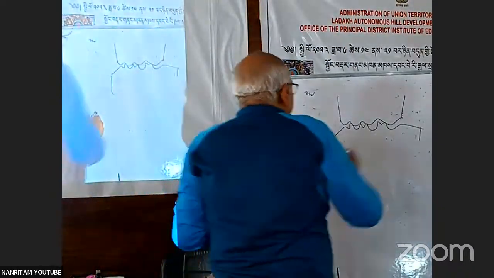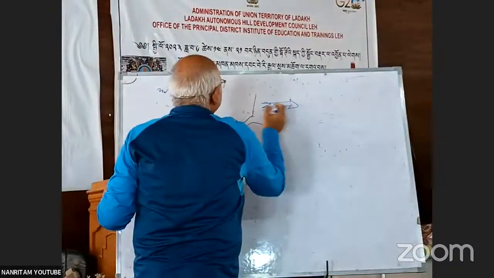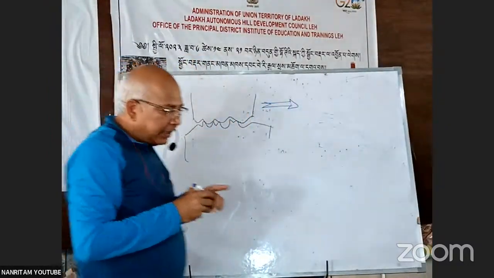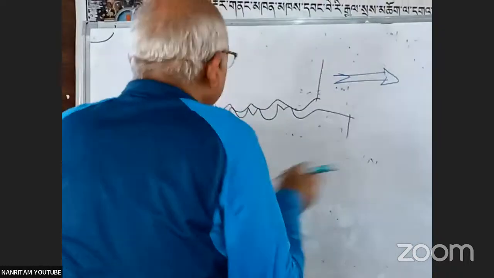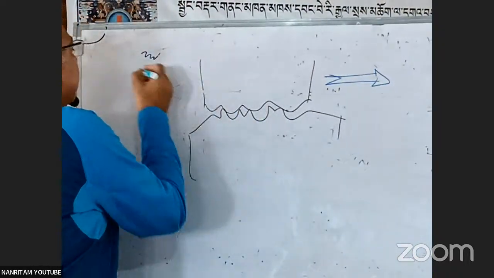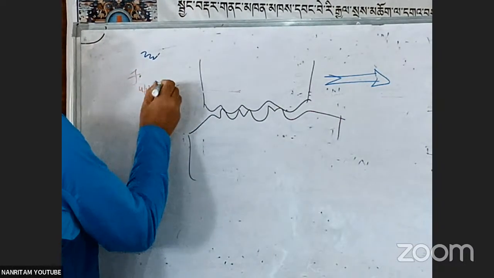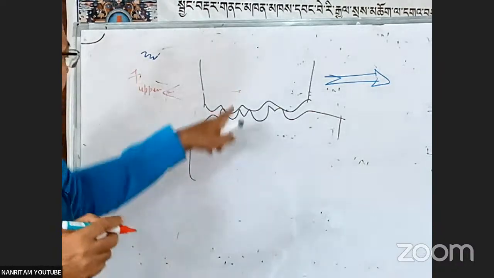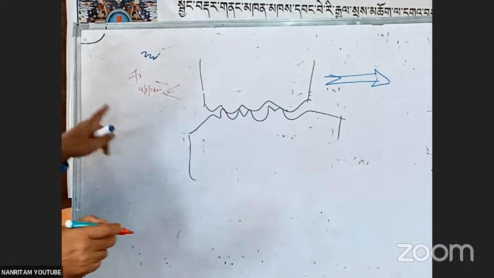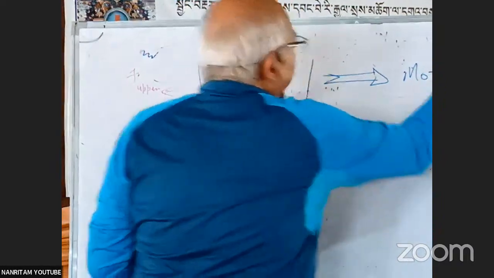If the upper hand is moving in this direction, then it experiences a force of friction in this direction. So upper hand has friction in the backward direction. This is motion of the upper hand in the forward direction.